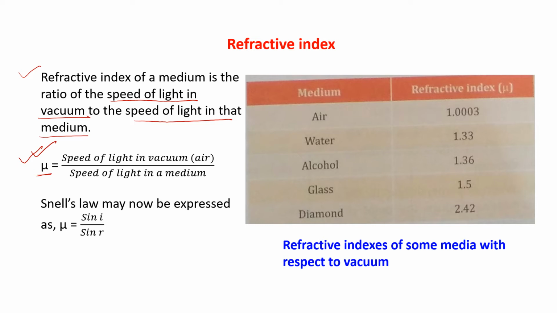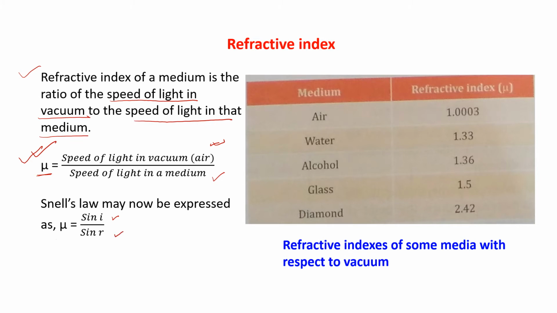Mu is equal to speed of the light in vacuum or air, whatever it may be, divided by speed of the light in a particular medium. Snell's law may now be expressed as mu is equal to sin I by sin R.